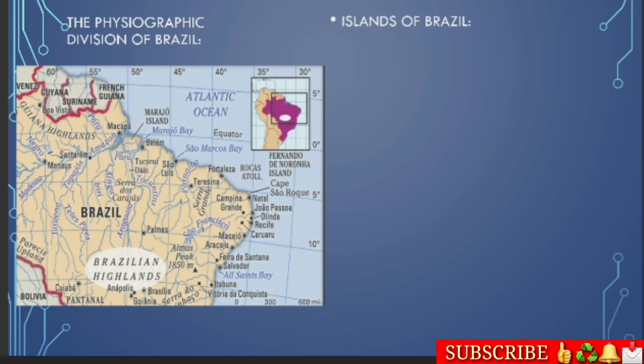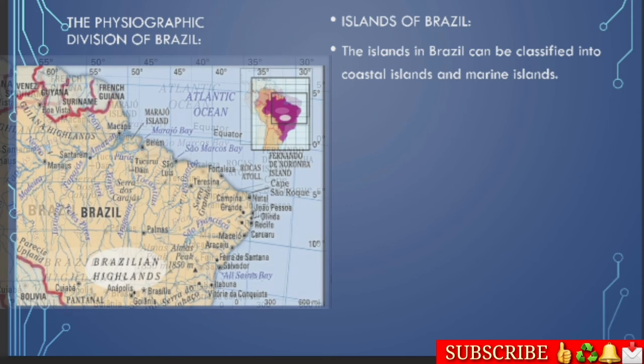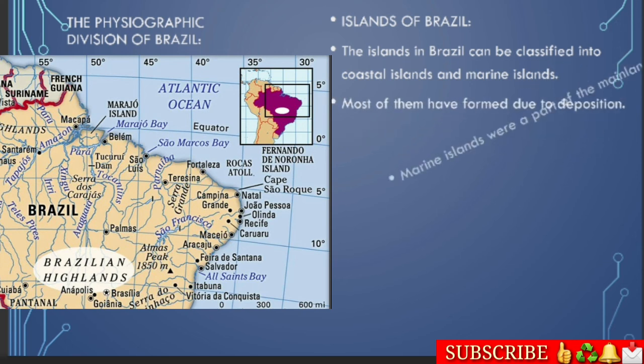Now, students, let's learn about islands of Brazil. Student, as we have in India, Lakshadweep Island and Andaman Nicobar Island in the Arabian Sea and Bay of Bengal respectively. Okay, in the same way, here in Brazil, the islands can be classified into coastal islands and marine islands. Most of them have formed due to deposition.